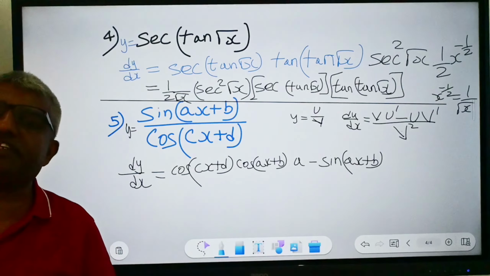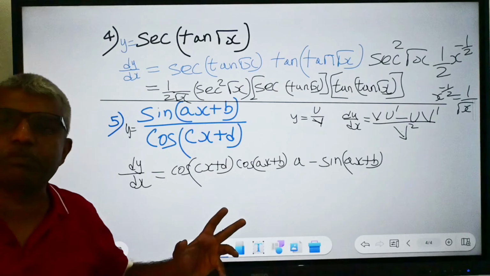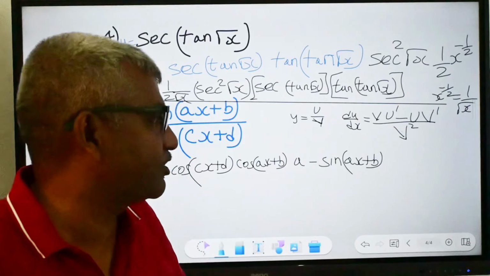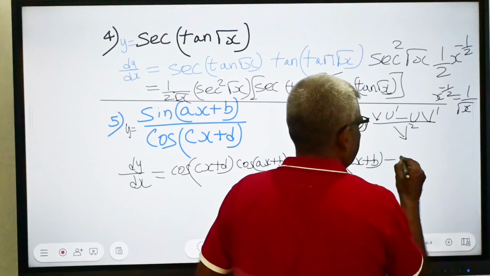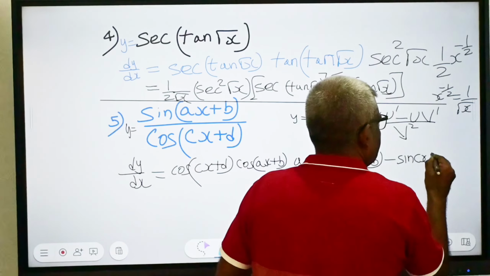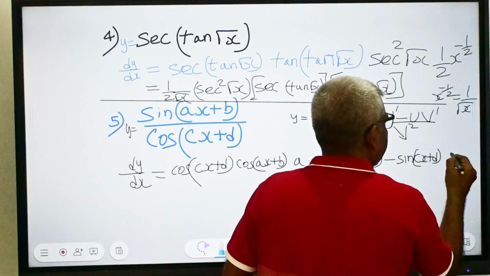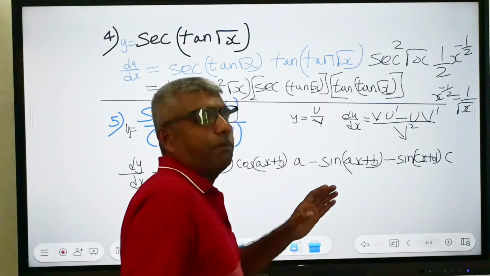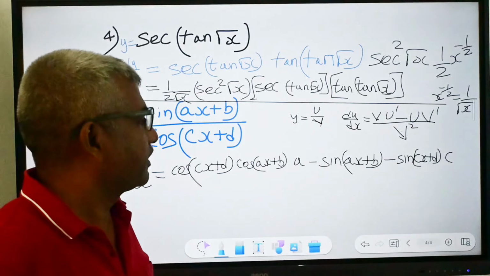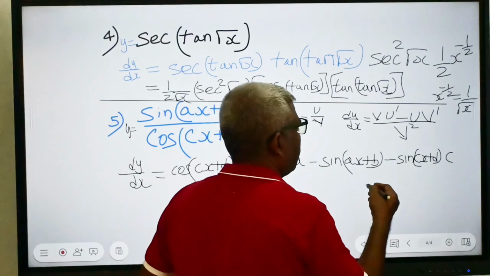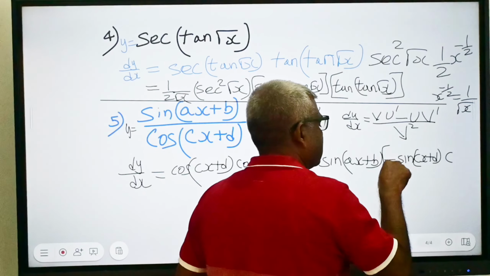Cos x is minus sin x. Cos cx plus d becomes minus sin cx plus d. Then cx plus d, if you differentiate, c. People will mostly commit this mistake. Put it in bracket.